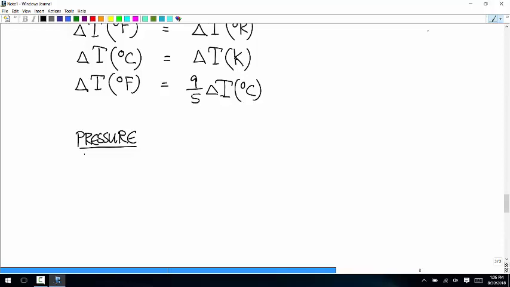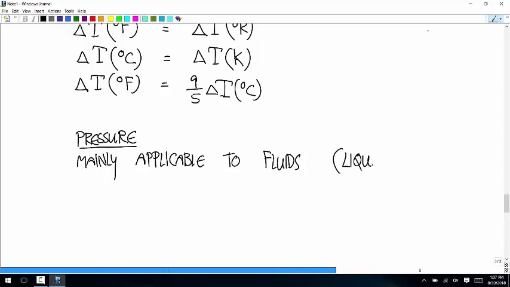So you can talk about pressure with solid bodies, but it's a lot more useful, a lot more applicable to fluids, and fluids are liquids and also gases.